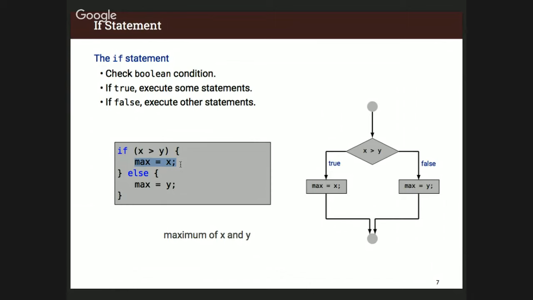So if x is the greater of x and y, then max, the maximum, is equal to x. X is the maximum, so put it in this variable max. Else, max becomes y. Y is stored in max.